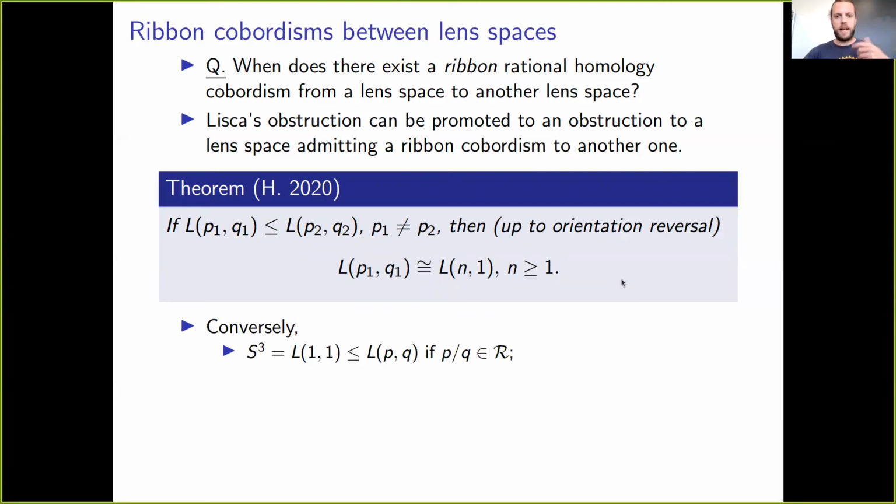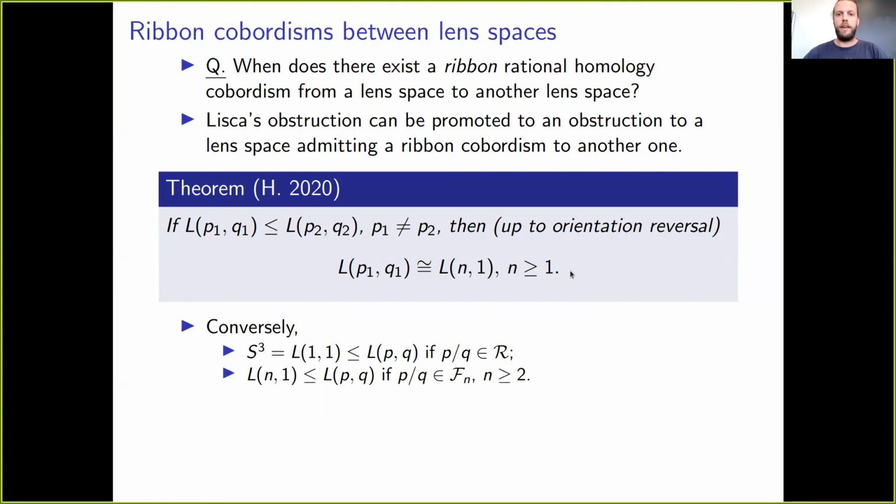As a converse to this, which I chose not to include in my theorem because it comes out of Liska's work: if n happens to be 1, so we're looking at L(1,1), which is just S3, then any lens space that is rational homology cobordant to S3 actually can be realized by a ribbon rational homology cobordism.